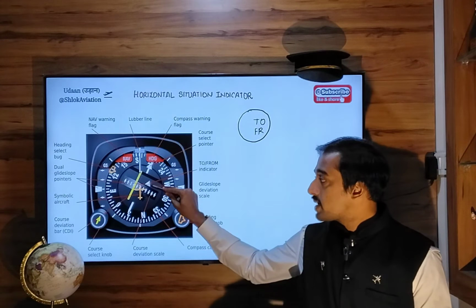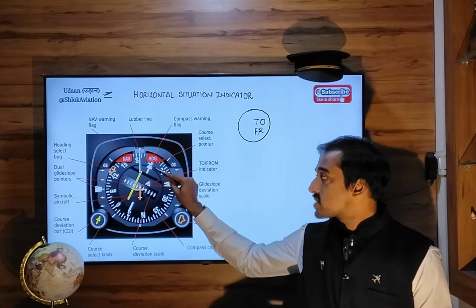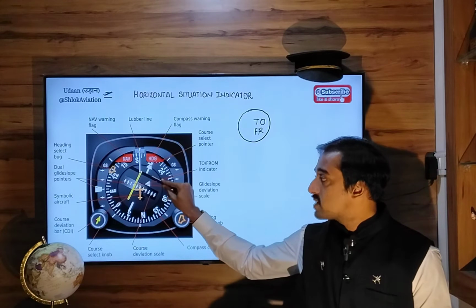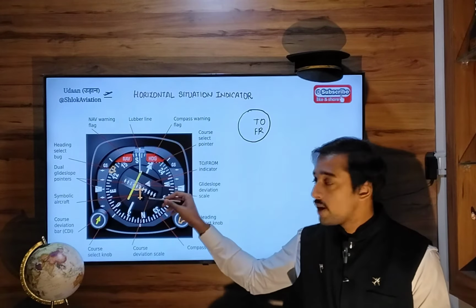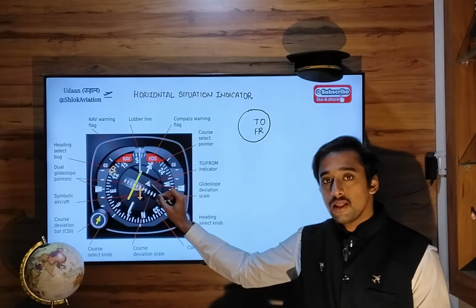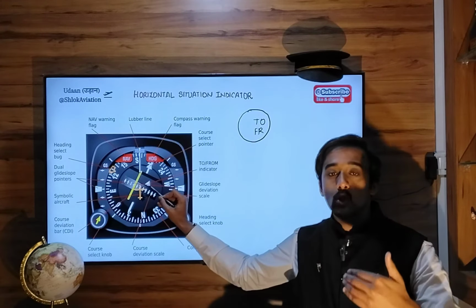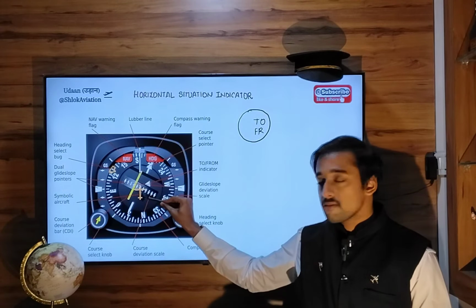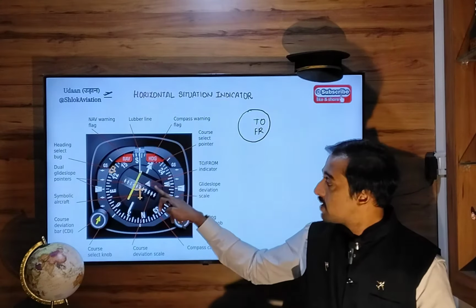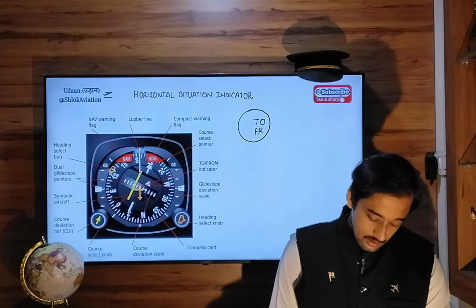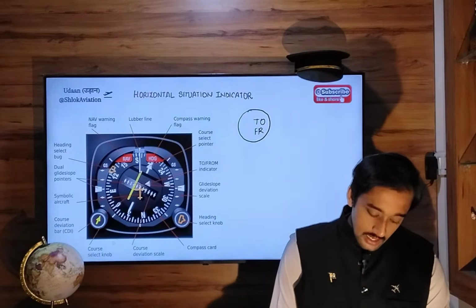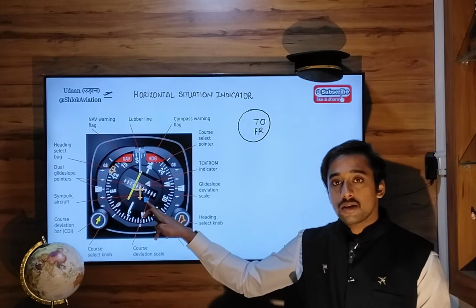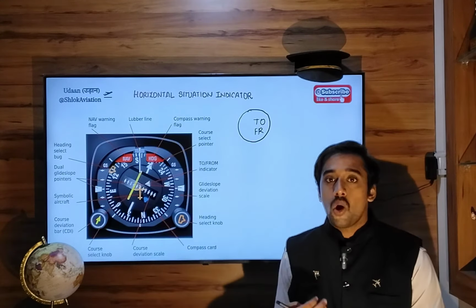So if it is pointing towards the course that you have set, if it is situated above this aircraft symbol, that means you are flying towards the station. If this same triangle is below, I'll draw it, it is here like this, that means the indication is from indication.